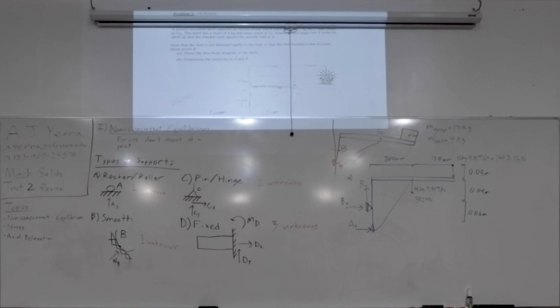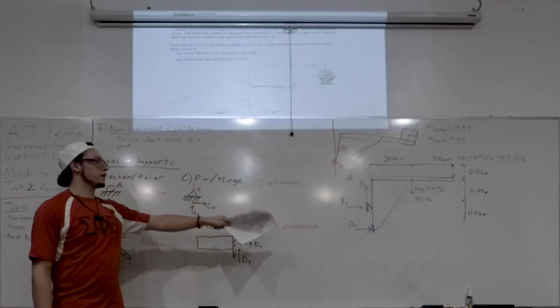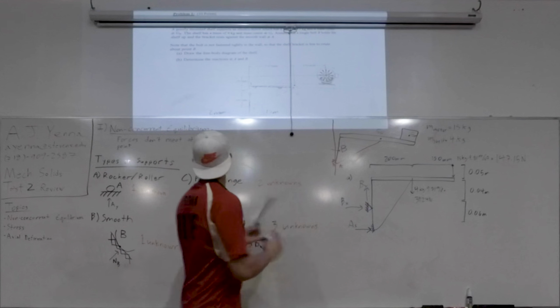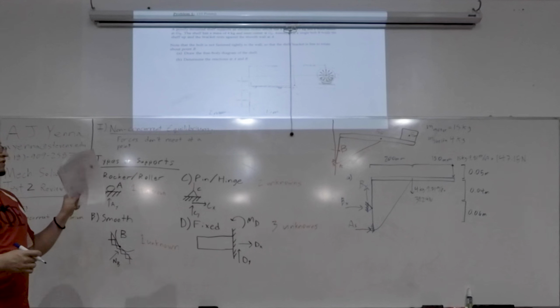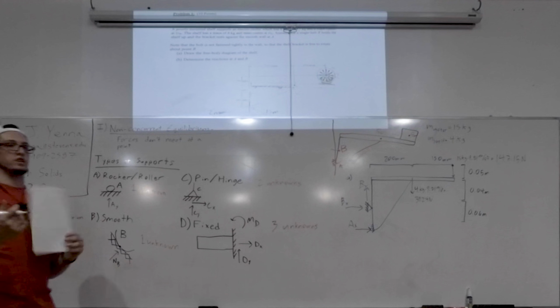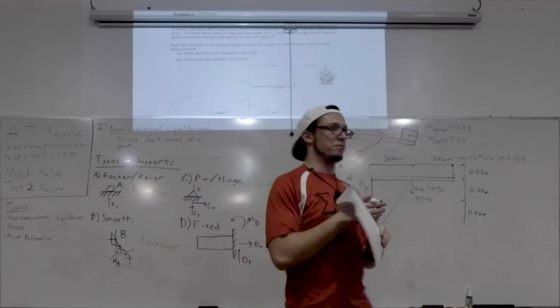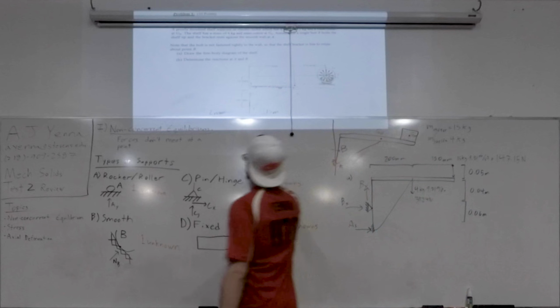Part B was to determine the reactions at A and B. So solve for these three forces. This is bringing you back to test 1, where you have a force moment system and you get 3 equations, because for non-concurrent equilibrium, instead of just sum of Fx equals 0 and sum of Fy equals 0, you also get the summation of moments at any point equal to 0, which are your 3 governing equations.